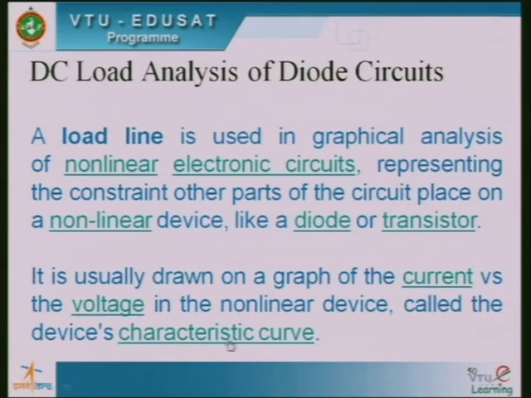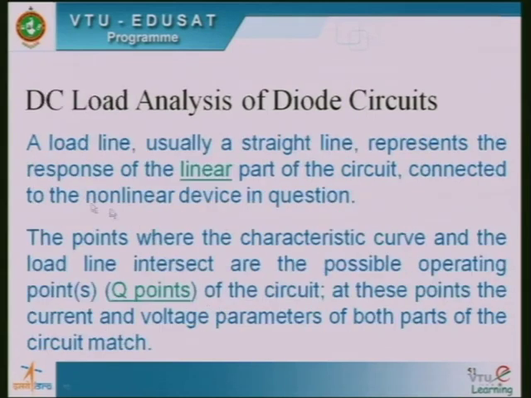In this case it is a diode, and this load line, usually a straight line, represents the response of the linear part of the circuit. That means the load line represents the resistance R, called the load, which is connected in series with the nonlinear device, in this case the diode.